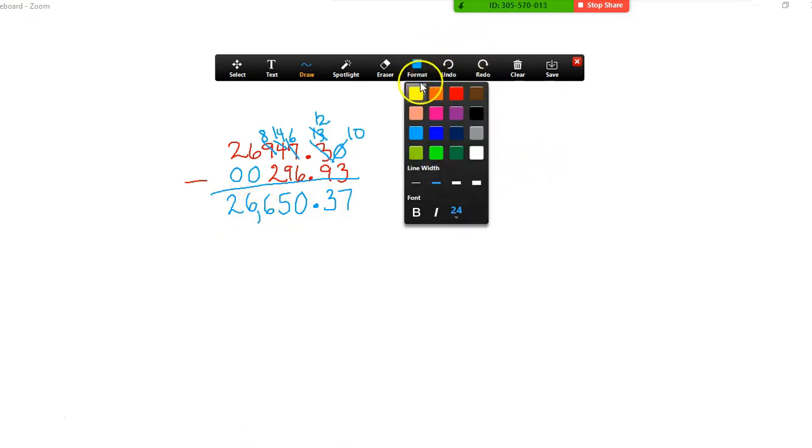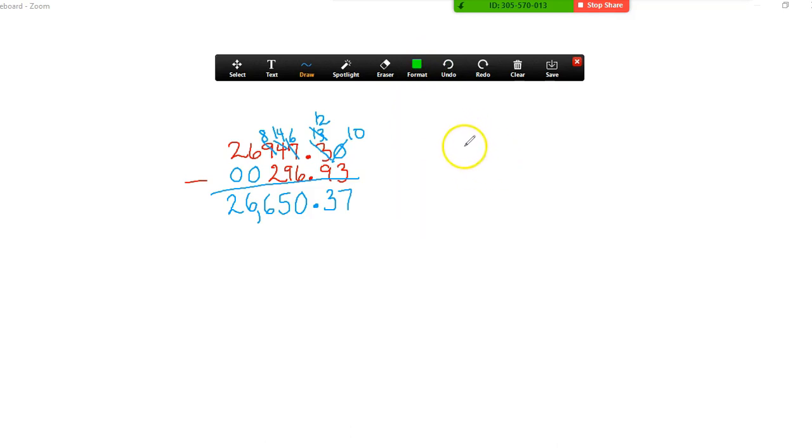Okay, let's make up one more. Let's try another color. So let's say I had something like 37.5. I want to subtract away from that 6, and then put this 27.